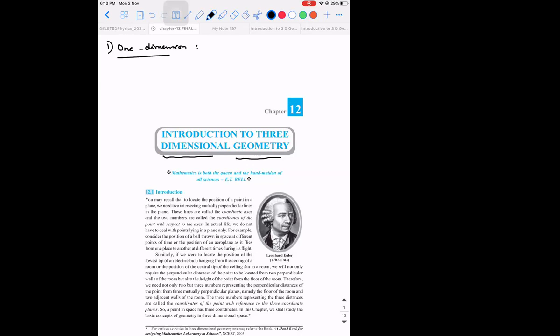One dimension means it is associated only with one particular direction. If I take a set of points which are aligned along one direction, then the shape that you get by joining all these points is going to be a straight line. Yes, it's right. Anything related to one dimension has to be a straight line.